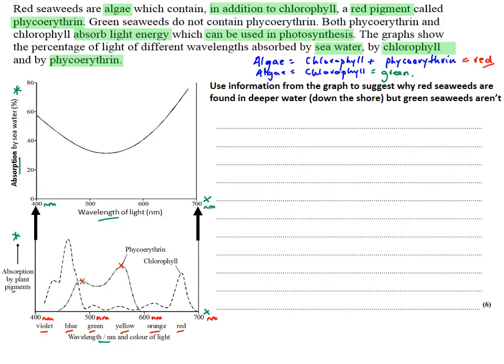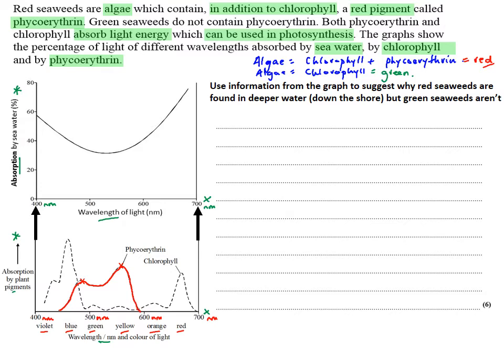Now, if we start to look at the absorption spectrum at the bottom, the bottom graph, it gives us a dotted line that shows us how much light energy is being absorbed by phycoerythrin, this pigment, at the different wavelengths of light.